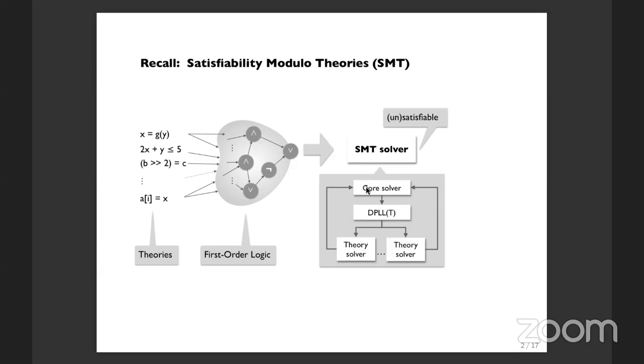You've seen this picture before, but let me introduce this again. These are some of the main solvers, okay? As you know, a formula in an SMT logic is made up of atomic formulas drawn from a mixture of several theories, and it can be any Boolean combination of those atomic formulas.